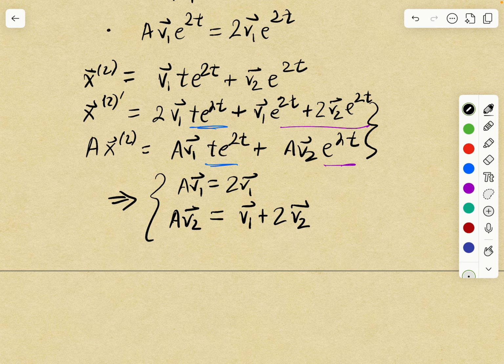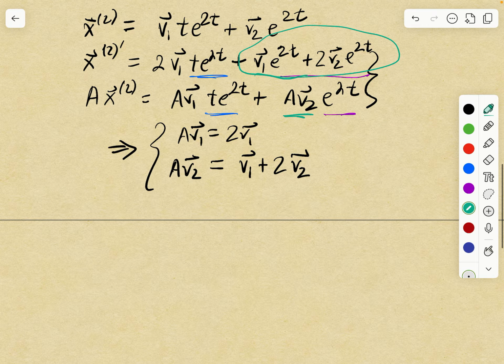Do you see how we get that? Because when you look at this, I factor out the e to the 2t, I get v1 plus 2v2. So that's what's being multiplied by the e to the 2t in x2 prime. And then when you look at Ax2, this e to the 2t is being multiplied by Av2. So I get this second equation, Av2 equals v1 plus 2v2.